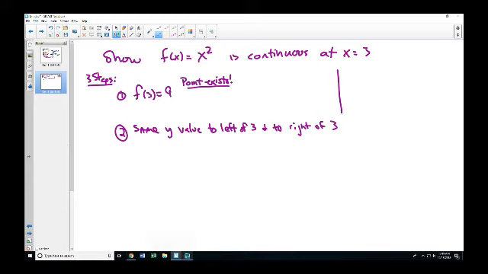If you drew this, you would see that from the left side and from the right side, they both go to 9, right? But how do you mathematically show that using numbers? Graphically, it's there, but how can we show that numerically? We have to use a table of values. Calculus allows us to avoid a table, which is kind of nice.